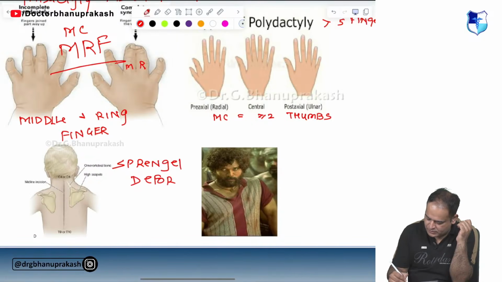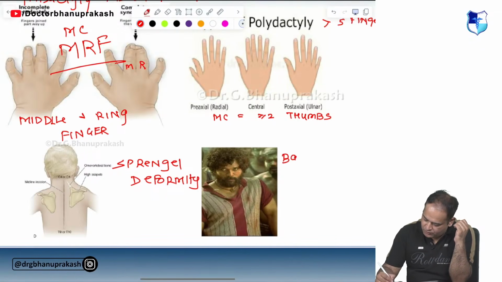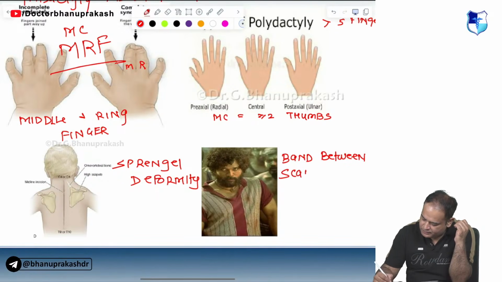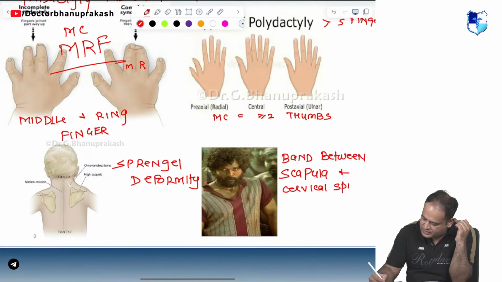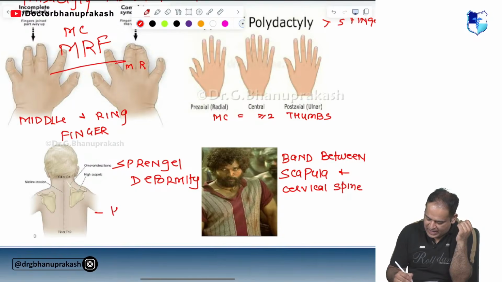Sprengel deformity. Sprengel deformity. So what is the problem here? That there is a band between the scapula and the cervical spine.